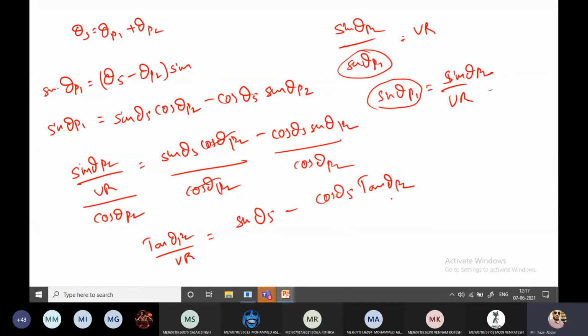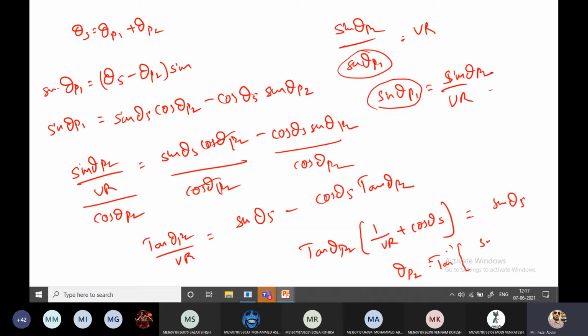Taking tan on the same side, tan theta p2 into (1 by VR plus cos theta s) is equal to sine theta s. So now theta p2 equals tan inverse of sine theta s by (1 by VR plus cos theta s). Now this is the pitch angle for the gear.